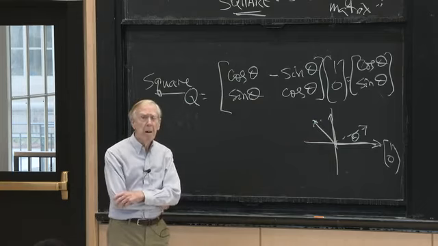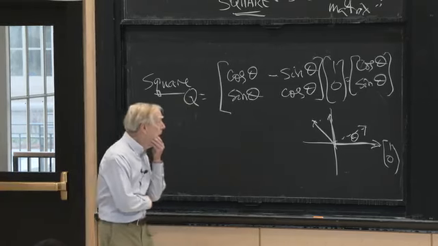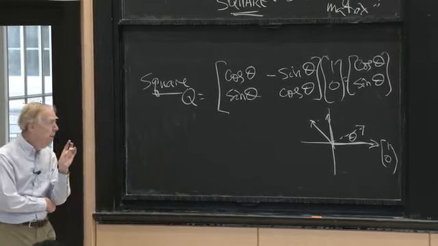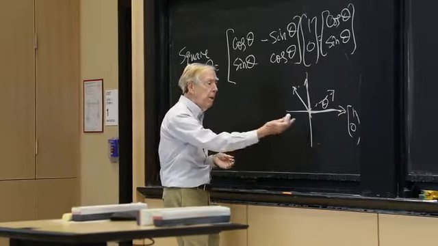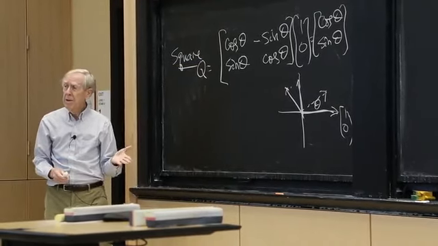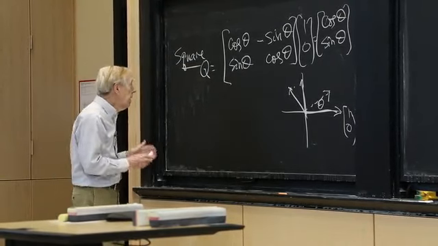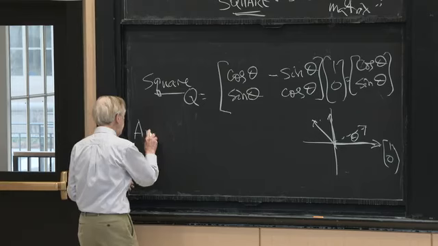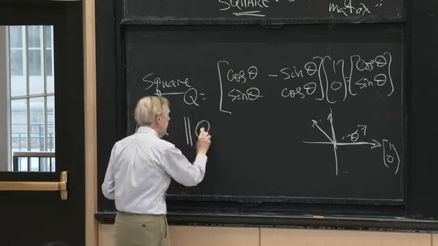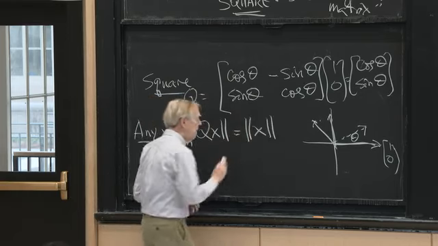Oh, that makes me remember a highly important property of Q. It doesn't change length. The length of any vector is the same after you rotate it. The length of any vector is the same after you multiply by Q. I claim for any vector x, I want to look at the length of Qx, and I claim that it has the same length as x.